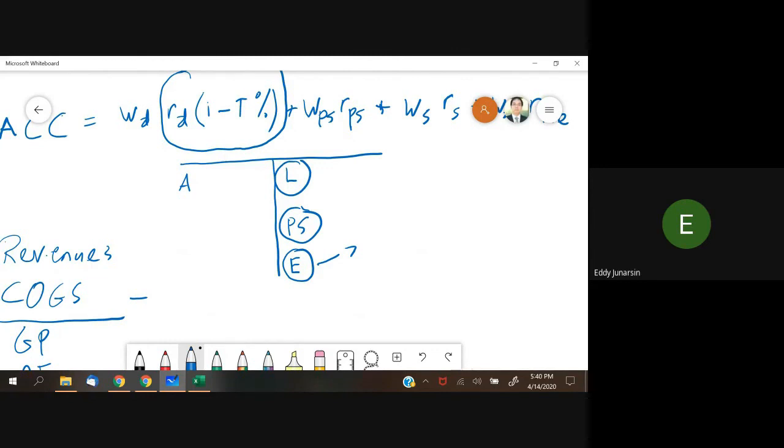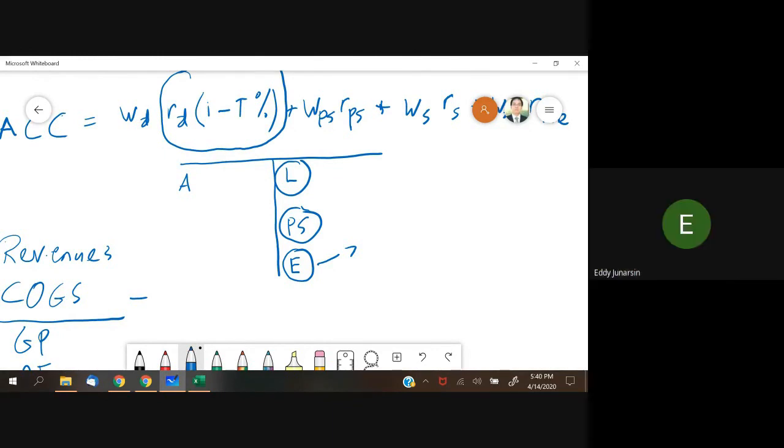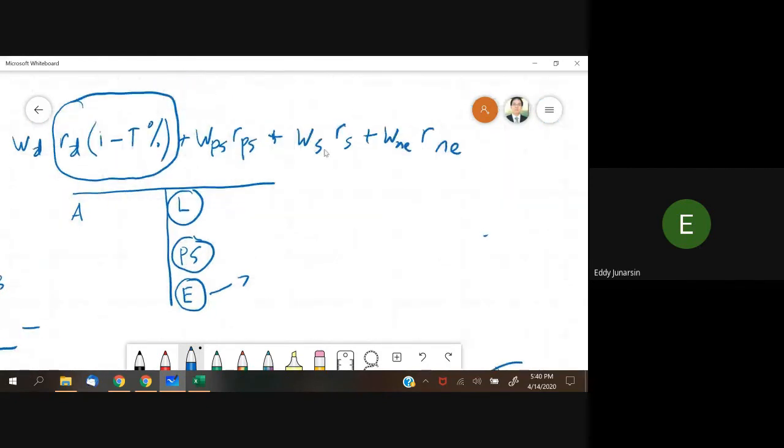the common stockholders ask for more than do the preferred stockholders. So cost of preferred stock is lower than the cost of common equity. And of course the cost of common equity will be cheaper than the cost of new equity, because we have to pay for the flotation cost.